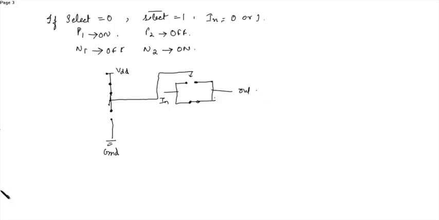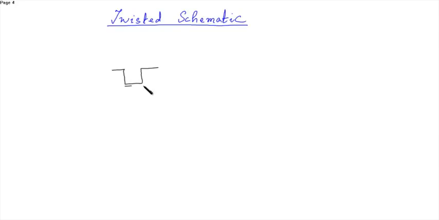Now let's see how to obtain the twisted schematic from the transmission gate normal schematic. So there are two PMOS and two NMOS. So draw the two PMOS first. This is the PMOS 1.